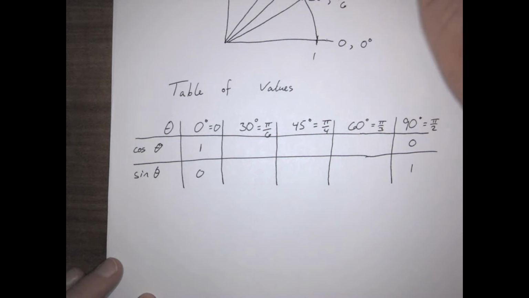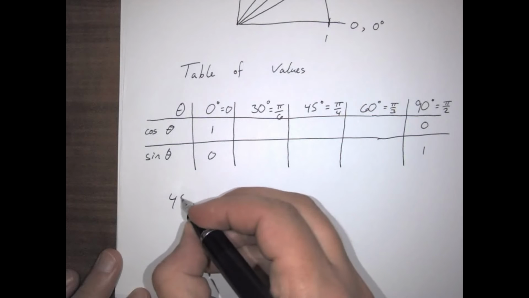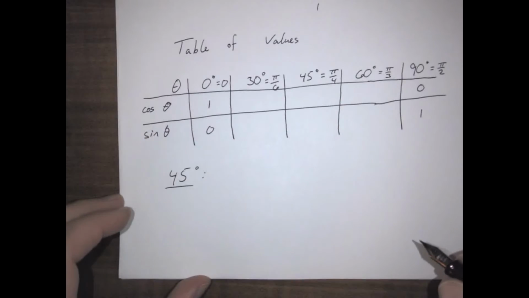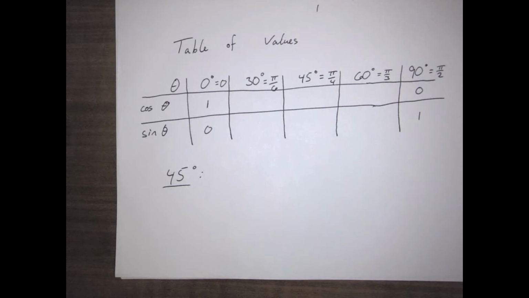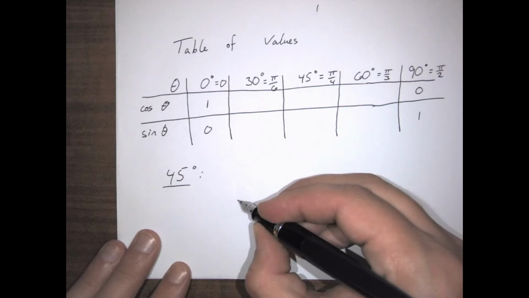So let's look at it. Let's start with 45 degrees. If we think about a 45 degree angle, what would that actually mean?